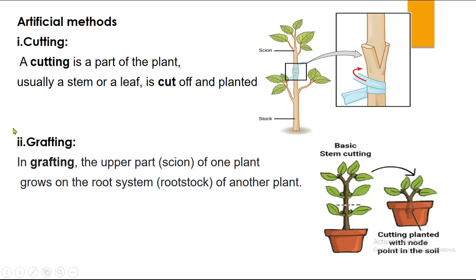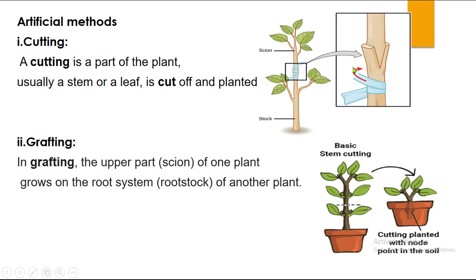Second example is grafting. In grafting, what we do, we actually cut a part of one plant and we graft it on the stem of another plant. So this has the ability to grow.